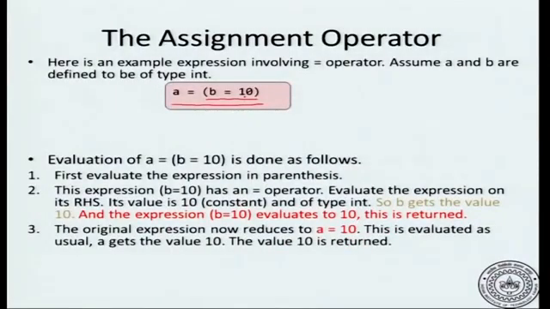Now the original expression can be thought of as just A equal to 10, right. This is evaluated as usual, so you take 10 and assign it to A, and the return value of the whole expression becomes 10.